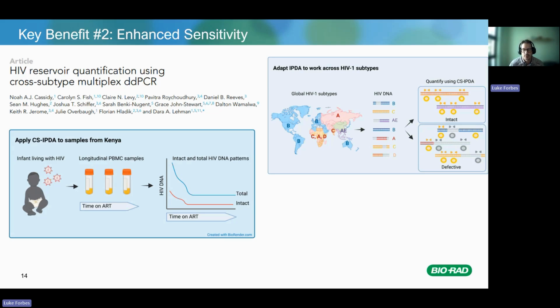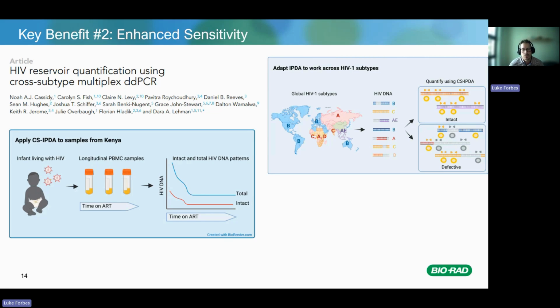and it relies on stimulation and culture of replication competent viruses. However, it's quite labor intensive, very low throughput, and often underestimates the amount of replication competent reservoir that's left. However, intact proviral DNA assays detect multiple targets across the HIV genome.